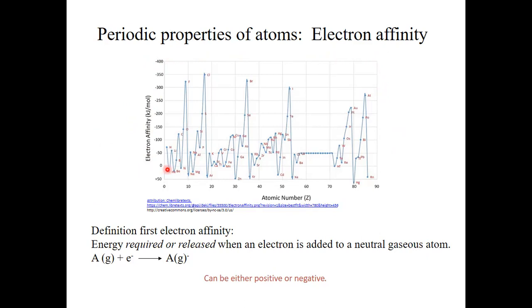So in this table, a negative electron affinity here measured in kilojoules per mole means that the addition of the electron to the atom is actually exothermic and happens spontaneously. Okay, we do not require energy to make that process happen.